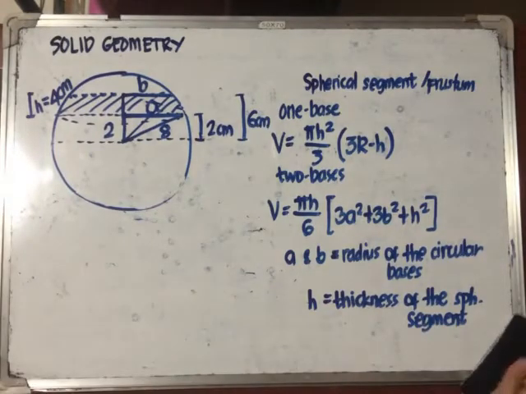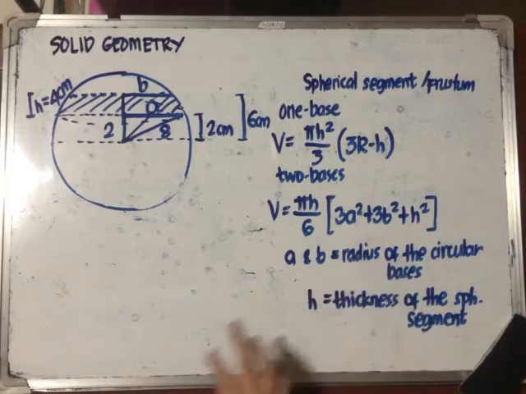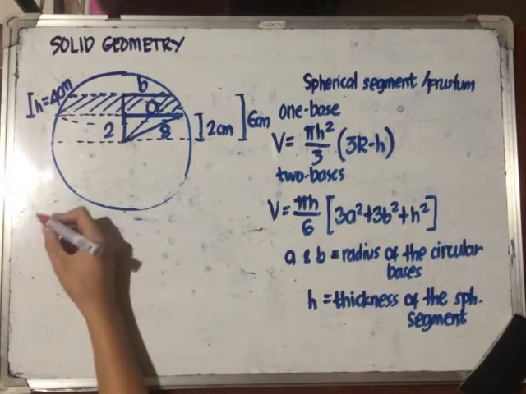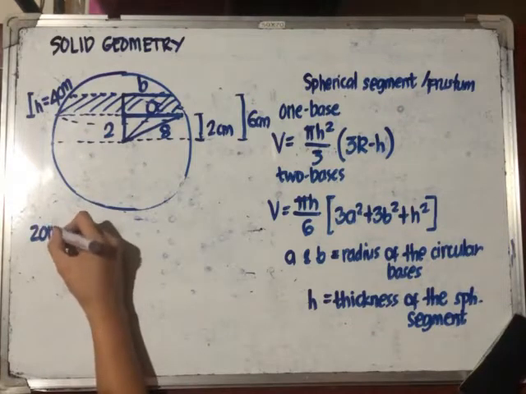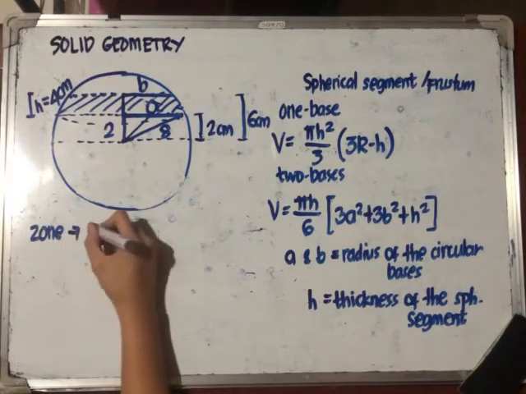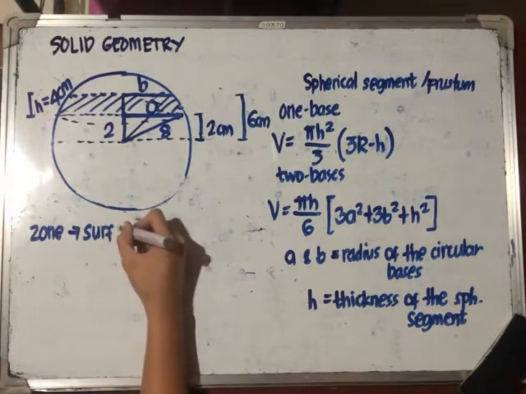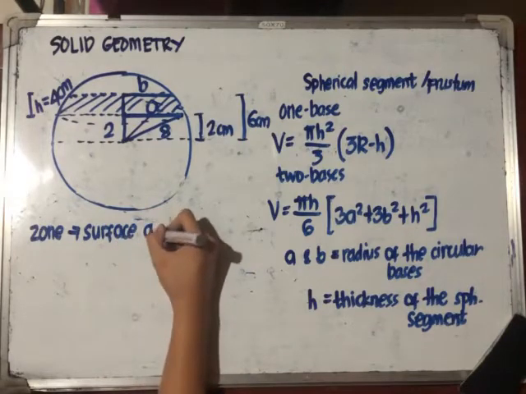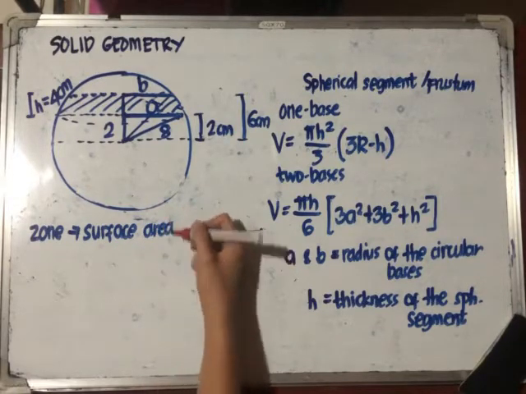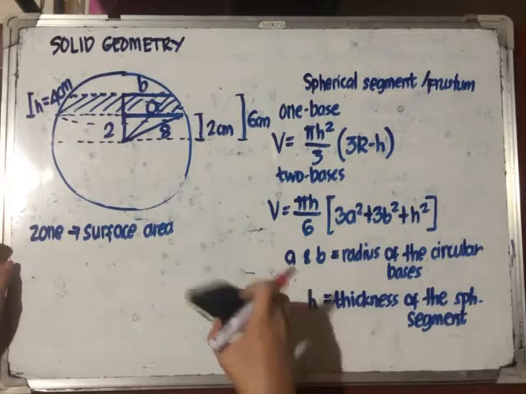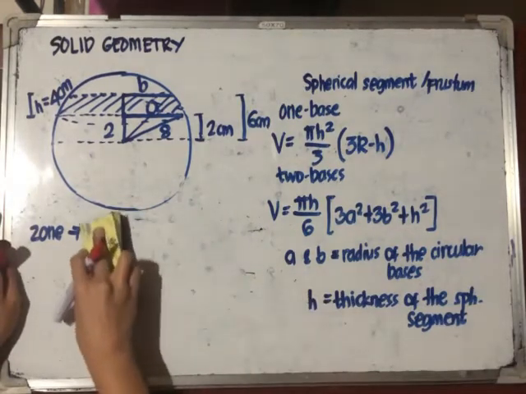Okay. Kung pag tinanong tayo ng volume, alam natin that we are looking for a 3D figure here. When we talk about zone, this is your surface area. Okay? Surface area of lateral surface area to be more accurate.